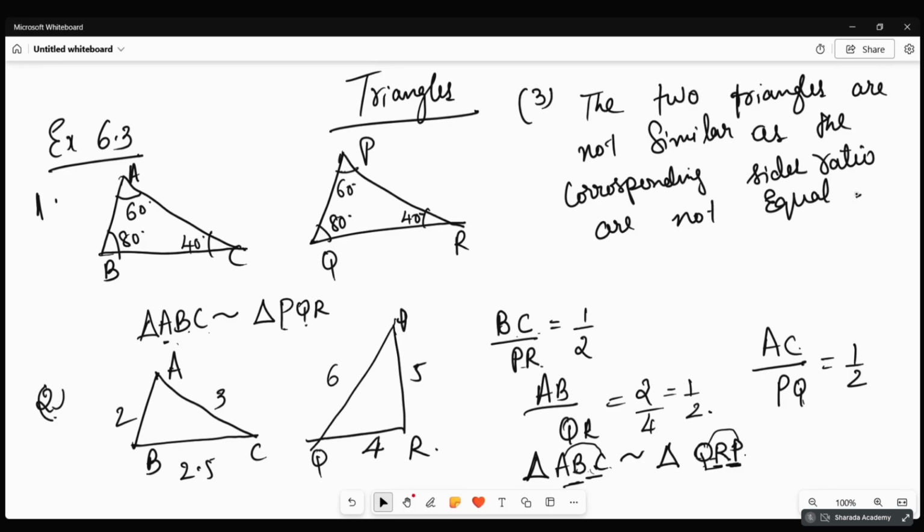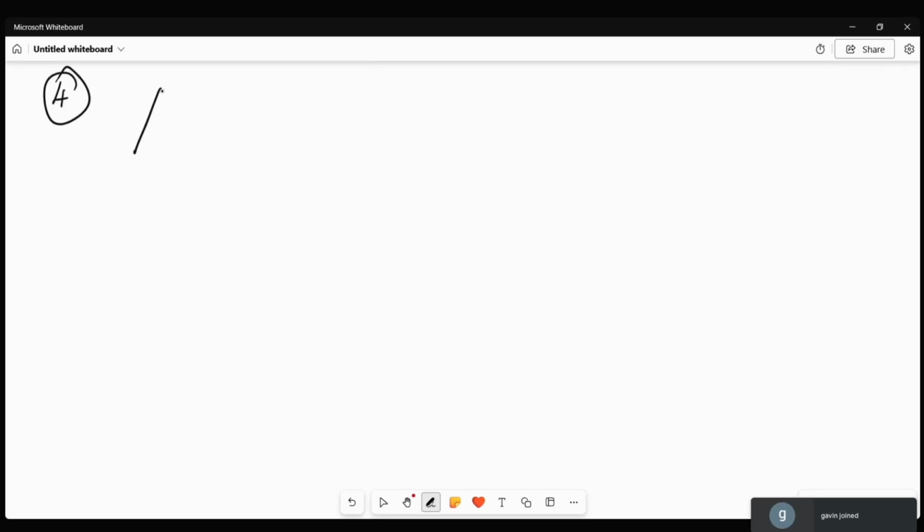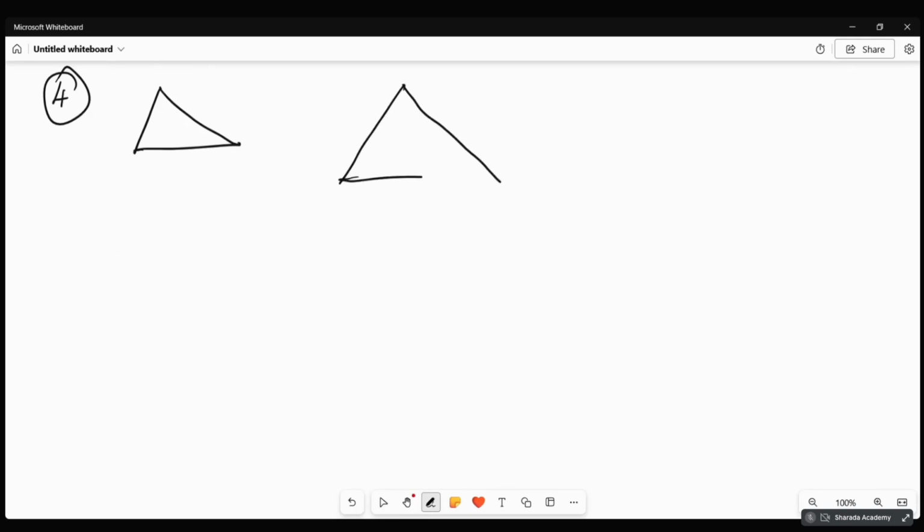Next. Lakshit, fourth one. Similar or not? Similar. Okay. Why is it similar? So what all will we get here?